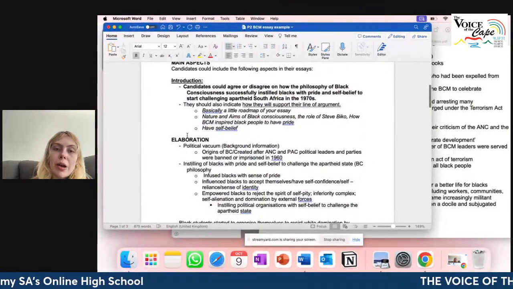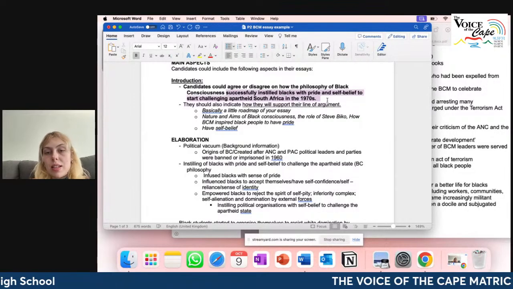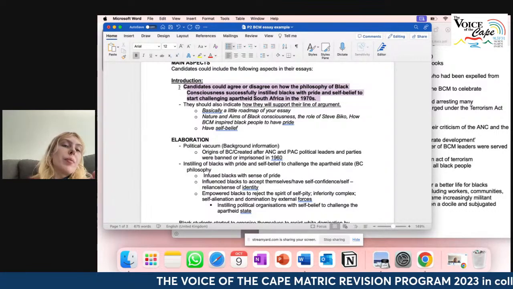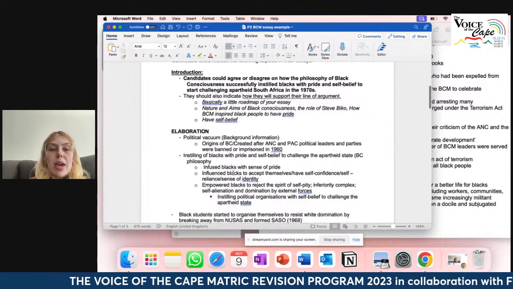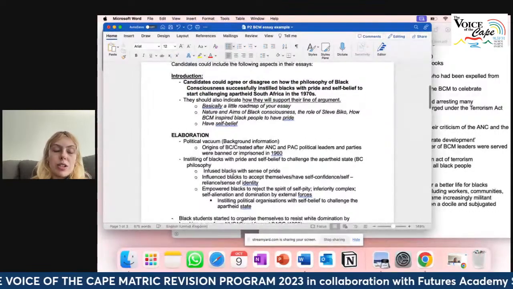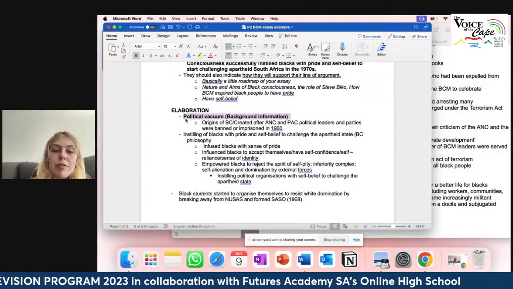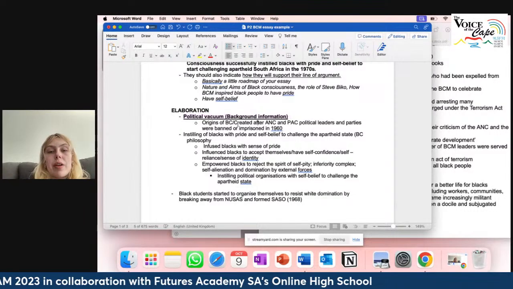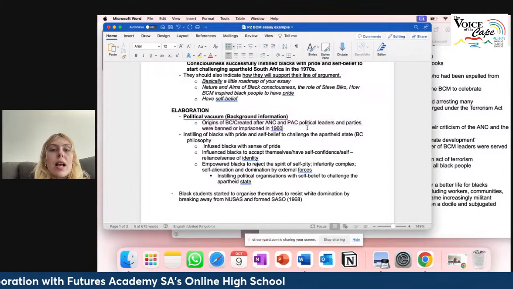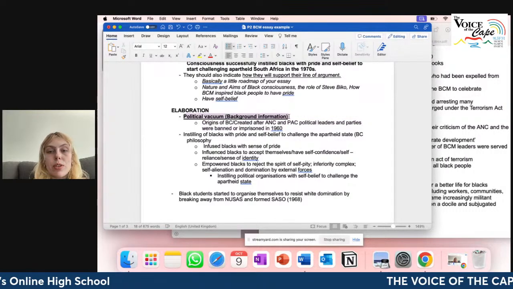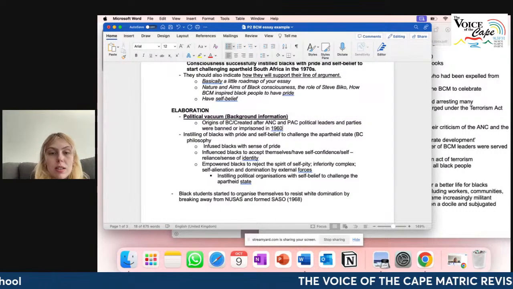Because it says in the 1970s, your background would be what happened before that that made the Black consciousness movement come about. So there was a political vacuum left after the banning of political parties in 1960, as there were no political resistance parties. Okay.